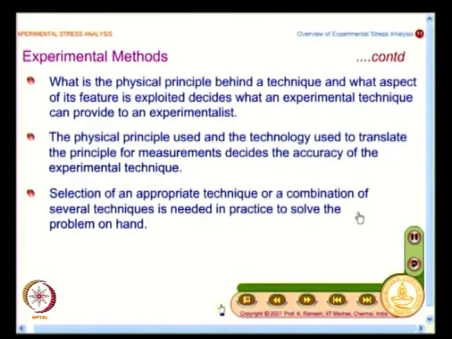And as I have mentioned earlier also, the physical principle behind a technique and what aspect of its features is exploited decide what an experimental technique can give. So, I need to know the physics behind it. Another aspect is that the physical principle used, and the technology used to translate the principle into measurements, decide the accuracy of the experimental technique.